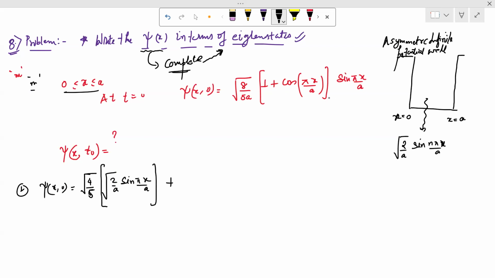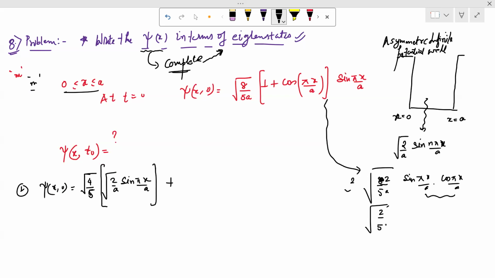I'll solve it here somewhere so that you can understand what I'm doing. Root over 8 upon 5a is given to you. So what you will do, just write this 8 as 2 root 2. And then sine of pi x upon a into cos of pi x upon a. And this particular term with 2 would become root over 2 upon 5a, and this will become sine of 2 pi x upon a.